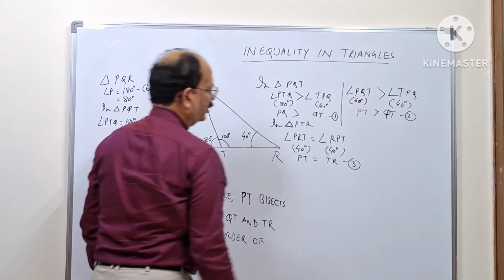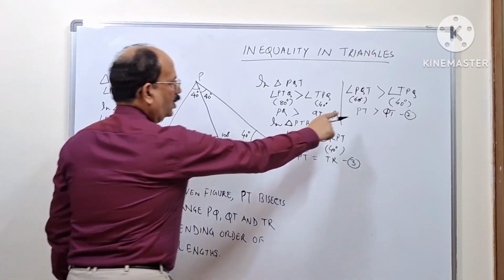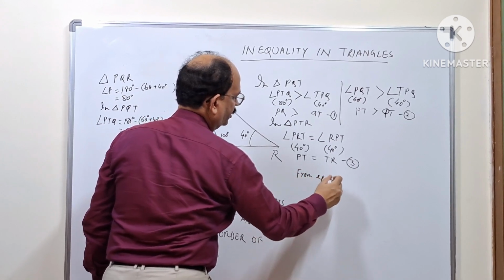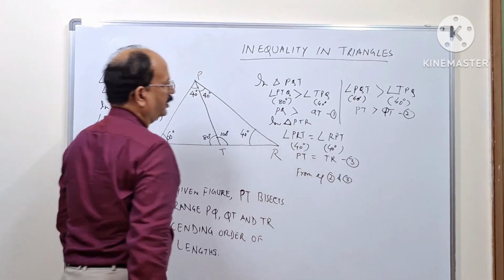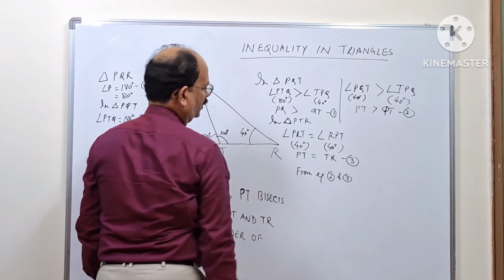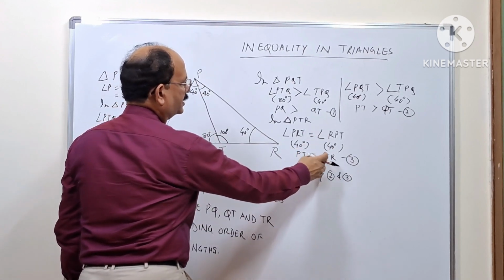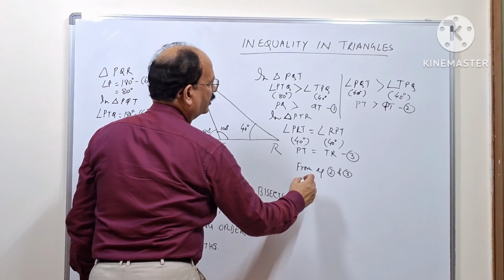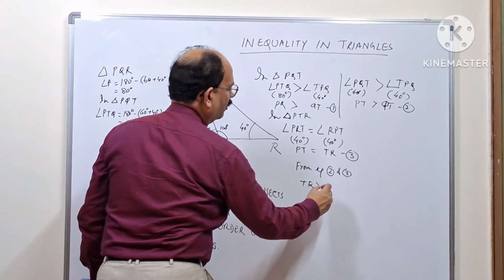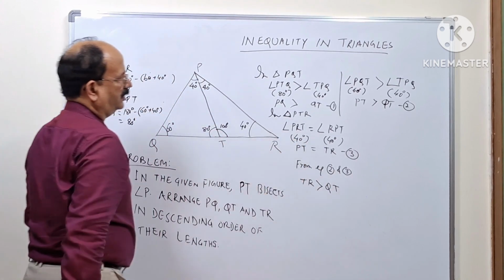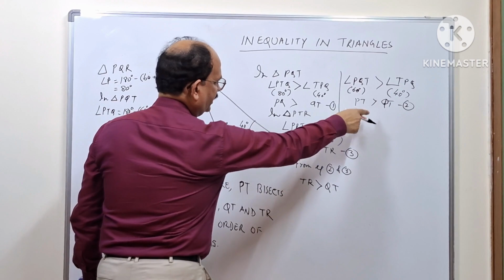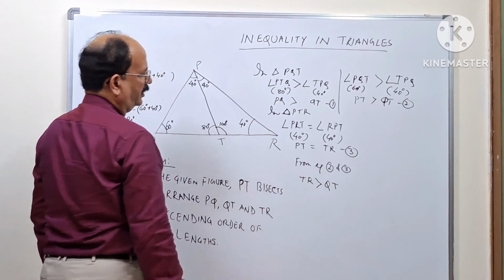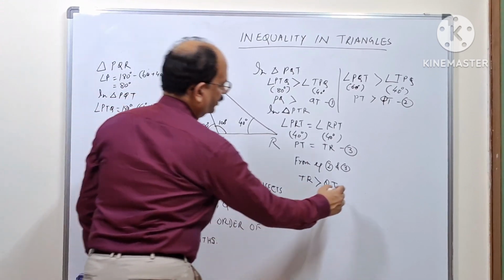So now if you compare equations 2 and 3, because PT is greater than QT and PT is equal to TR, therefore TR will be greater than QT. So from 2 and 3, we find that TR is greater than QT.